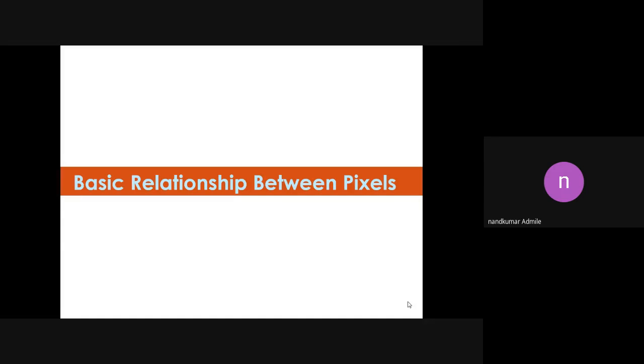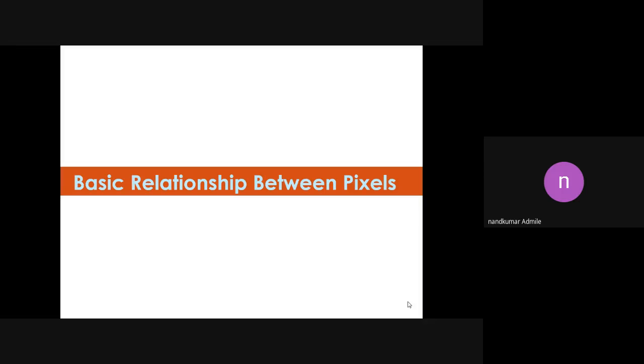In the earlier lecture, we studied how pixels can be connected to each other, and for that we studied three types of connectivity: 4 connectivity, 8 connectivity, and M connectivity.